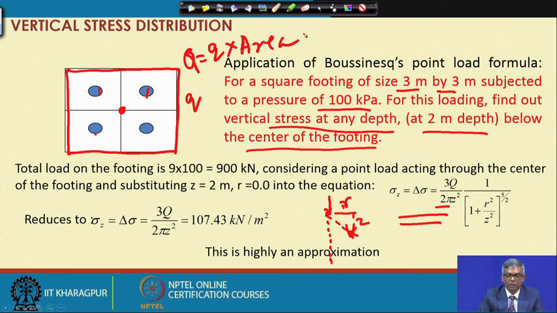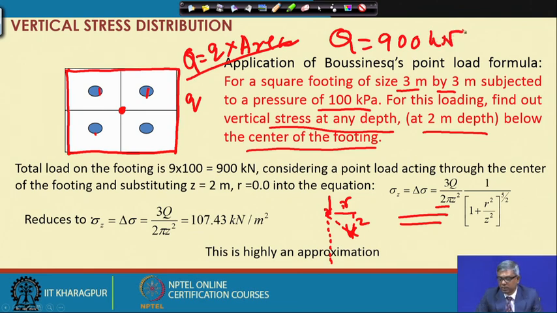So q into area will be 3 into 3, 9 meter square is the area, and 100 is the intensity. So 900, ultimately Q becomes 900 kilonewton.